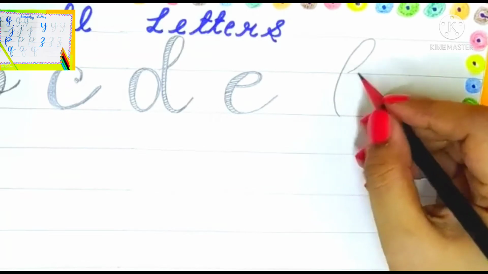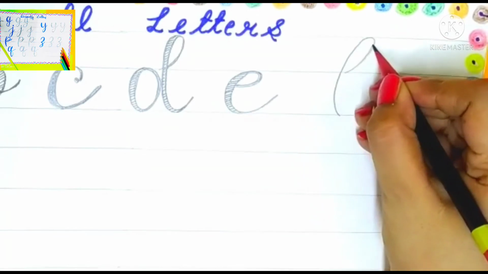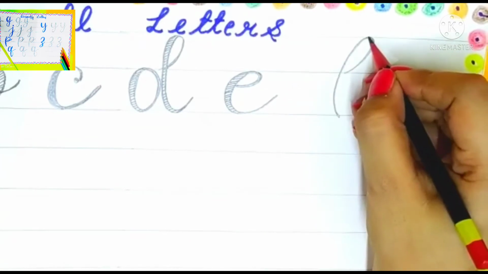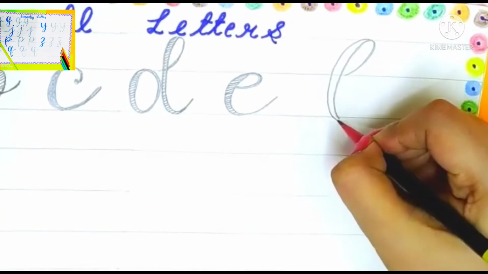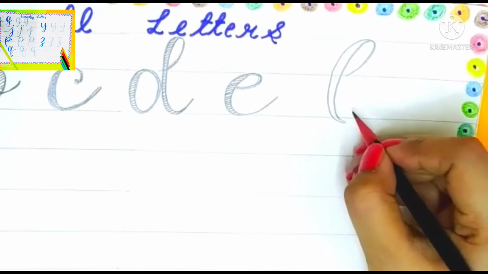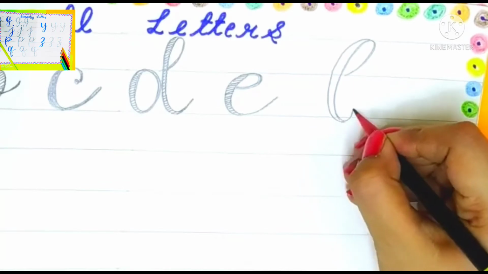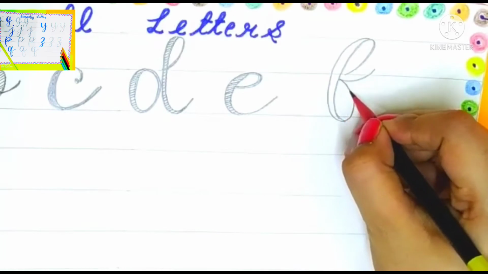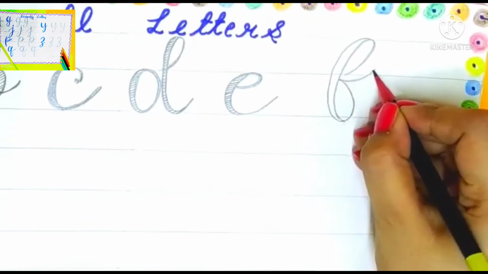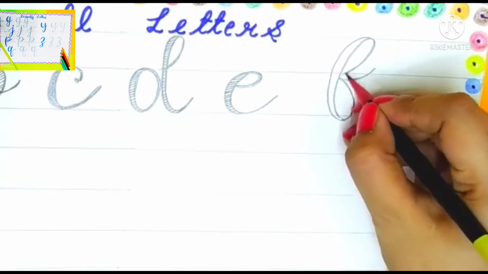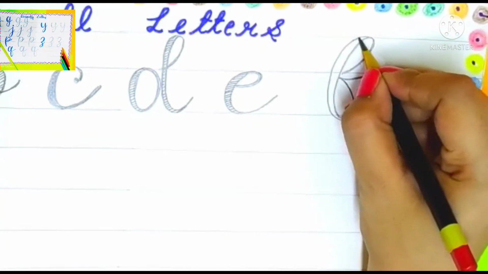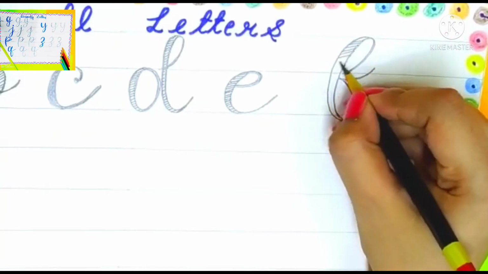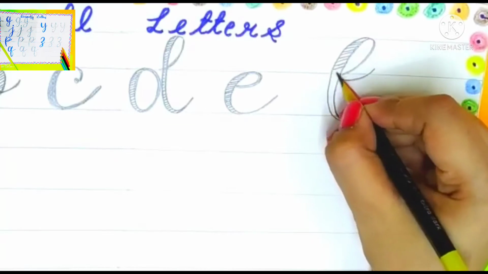Okay, after making the upward loop you'll just take it somewhat down, we will go down a little bit. Okay, we'll go down a little bit and then up and up. Okay, so just darken the lines and fill the strokes. Okay, very good. Just darken the lines and fill the stroke.